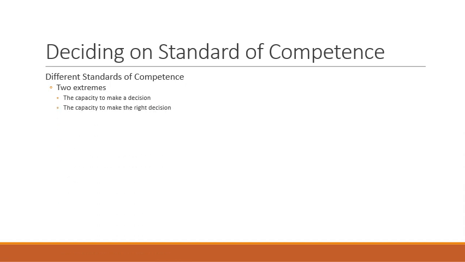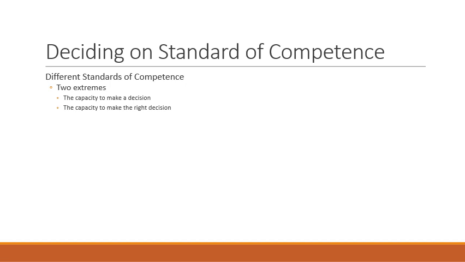the spectrum, too restrictive. So the idea that if we understand competence as the capacity to make the right decision, right, assuming that there's one and only one right decision, or maybe just a set of right decisions, then we've too narrowly defined what competence is.